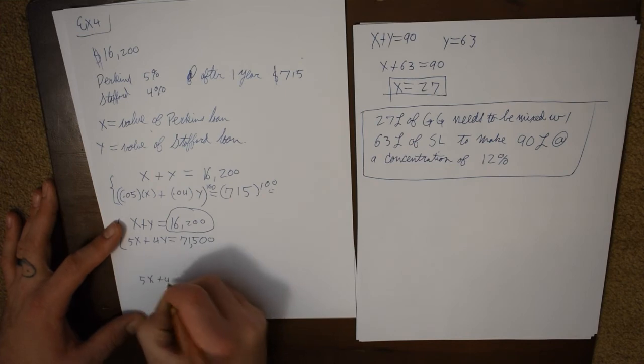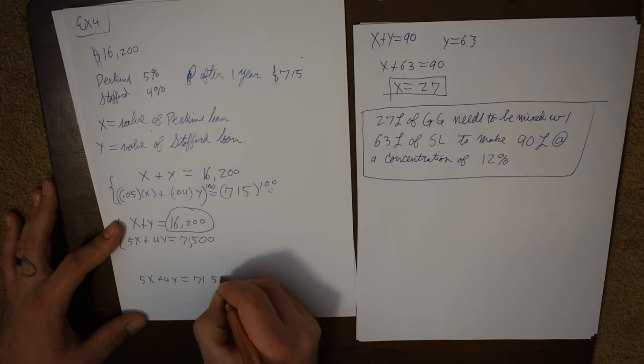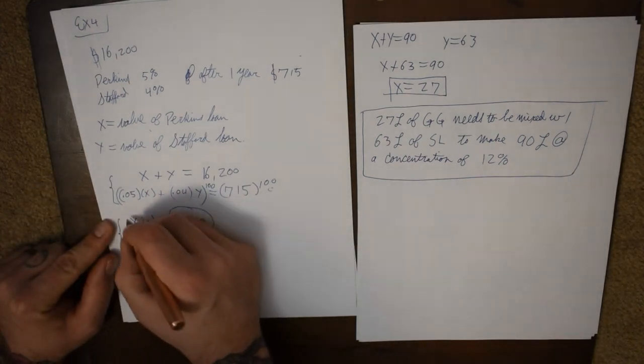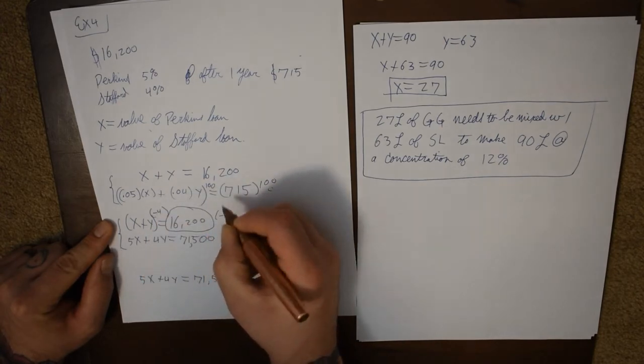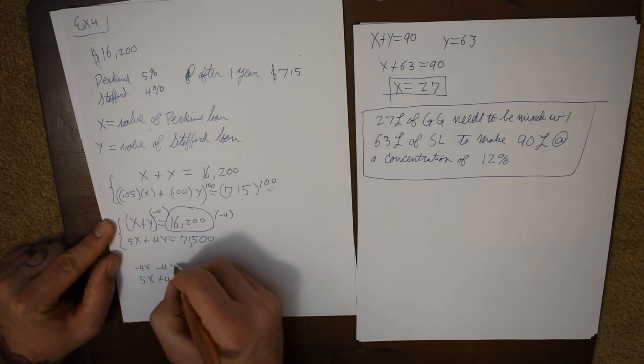5x plus 4y has to equal 71,500. But that top equation, let's multiply both sides by -4. That'll give us -4x minus 4y.